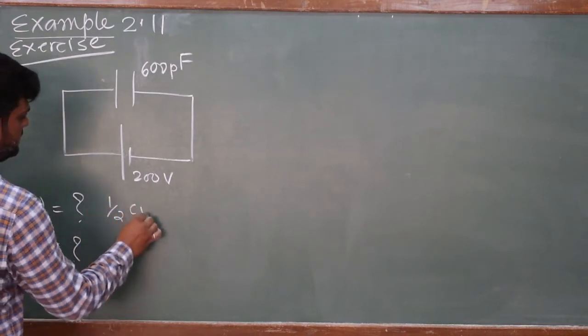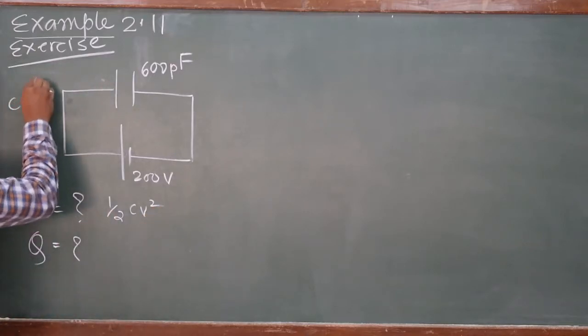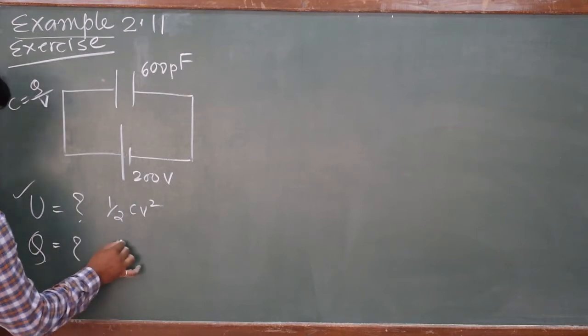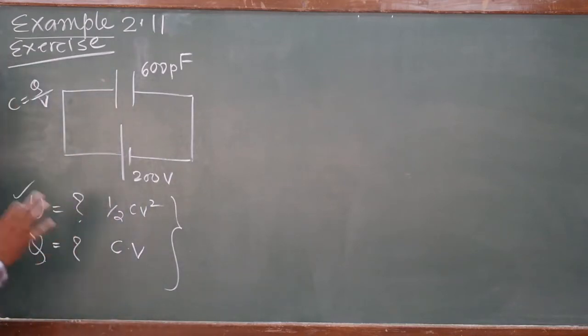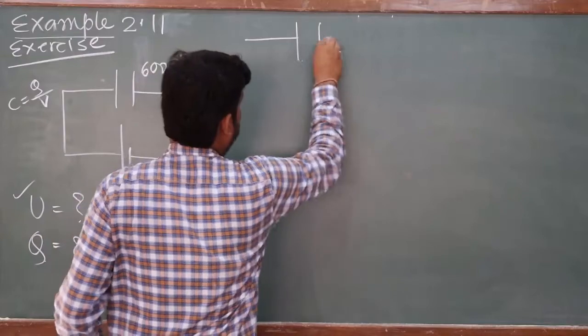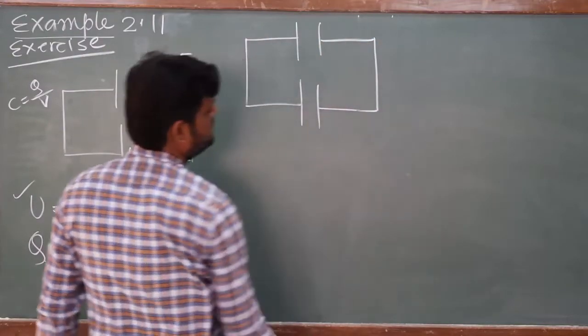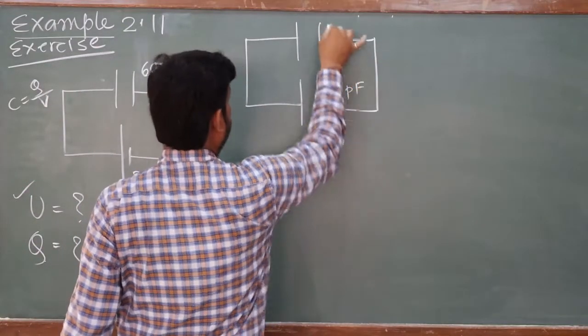U equals 1/2 CV square is the formula for this, and as we know that C equals Q by V, for Q you can use C into V. So this formula we can use for the first part. In the second part, what is given? The capacitor is connected with another uncharged capacitor of the same 600 picofarad.